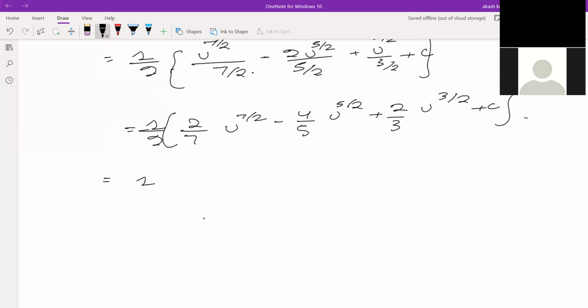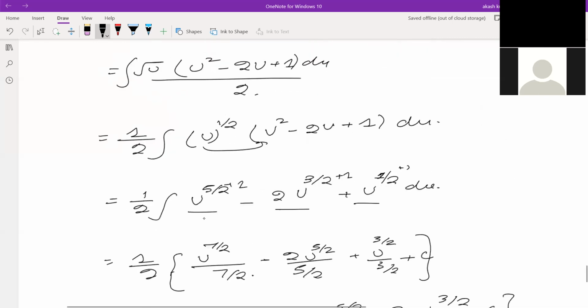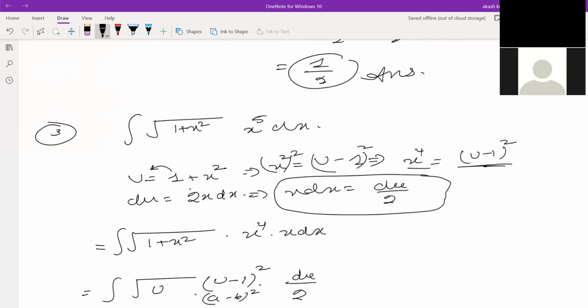And then I have to replace u back with 1 plus x square.